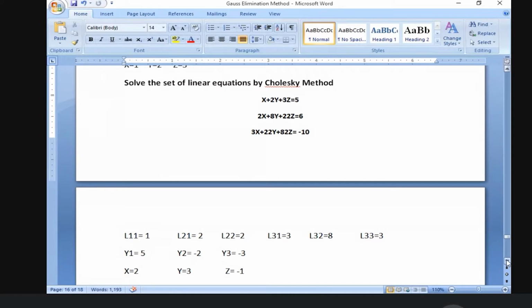Whatever value you got by calculation, just write it down. You can tell me the values for y1, y2, and y3. 5, 4 and 9. 5, minus 4 and minus 9.